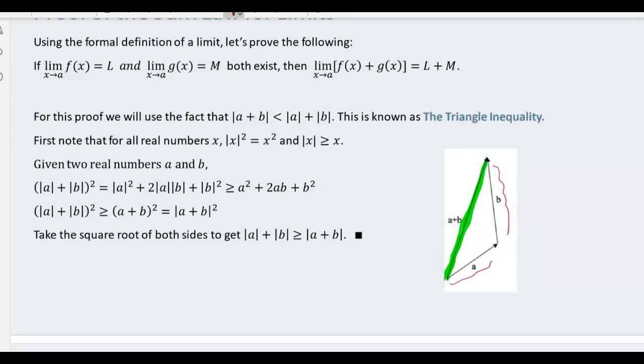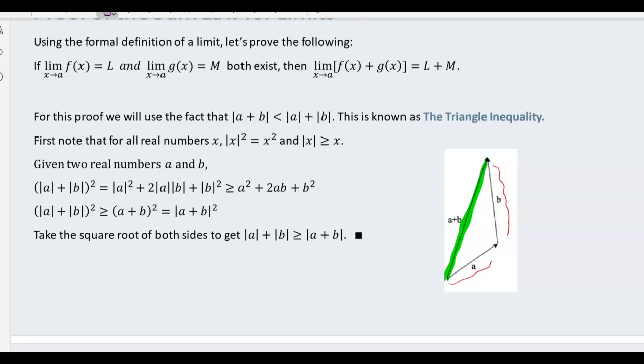If we were to flatten A and B out like this, obviously that opposite side, if it was greater than A plus B, we wouldn't be able to close a triangle. So that seems like an obvious thing, but we'll just prove it to ourselves.